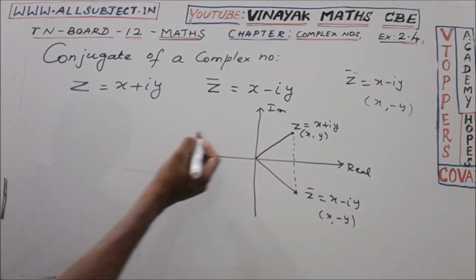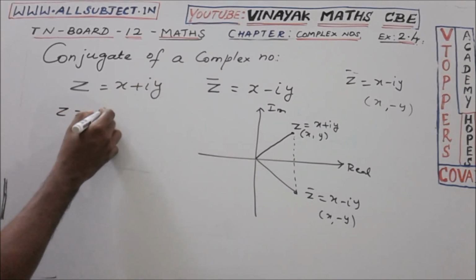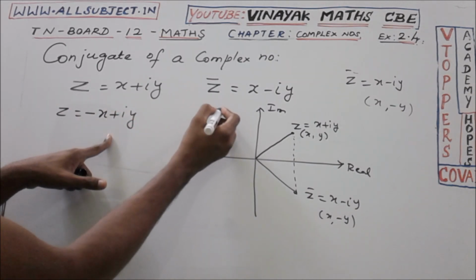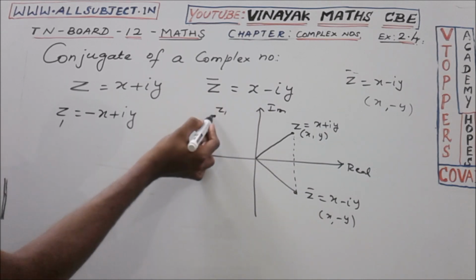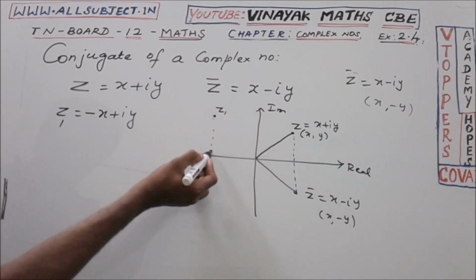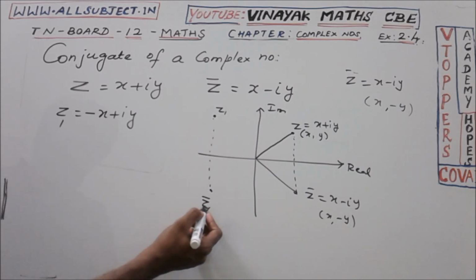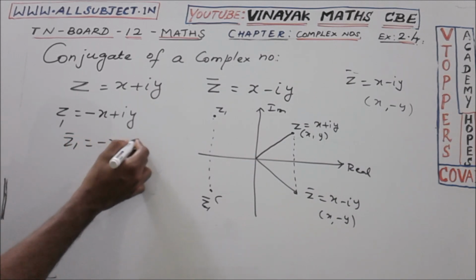Suppose z is taken as minus x plus iy. It will lie in this quadrant. For example, this is z1, and its mirror image, that is its conjugate, is taken here as z1 bar, that is z1 bar will be equal to minus x minus iy.